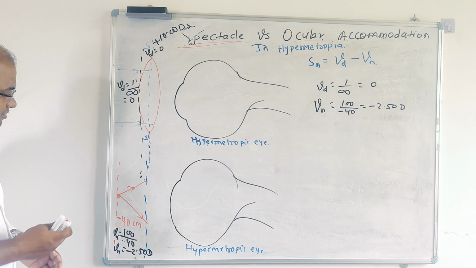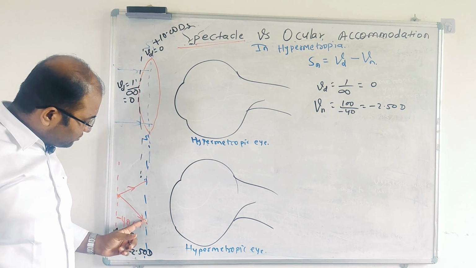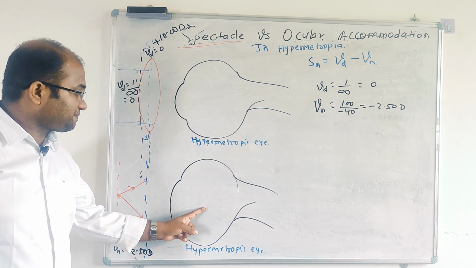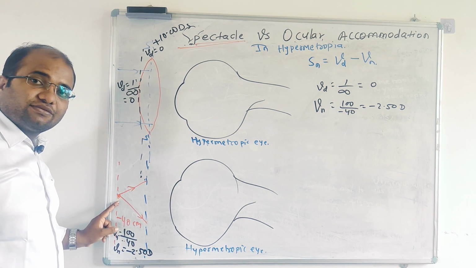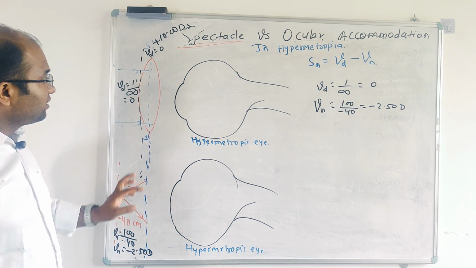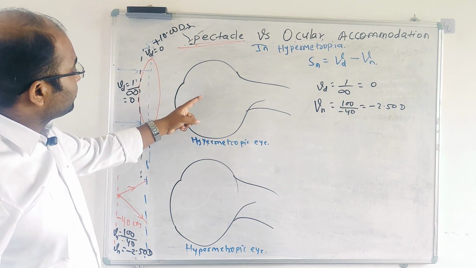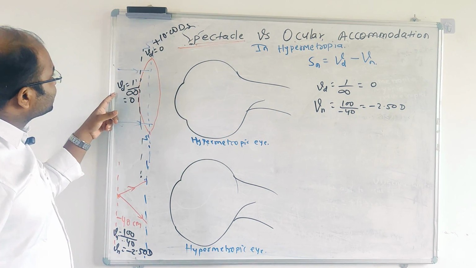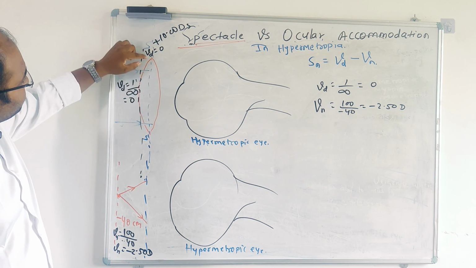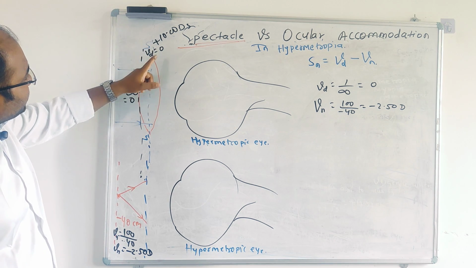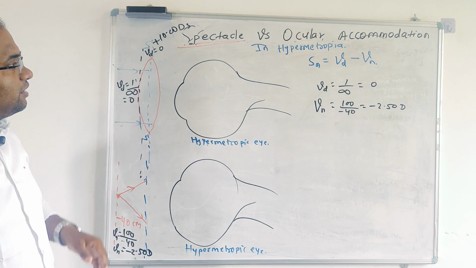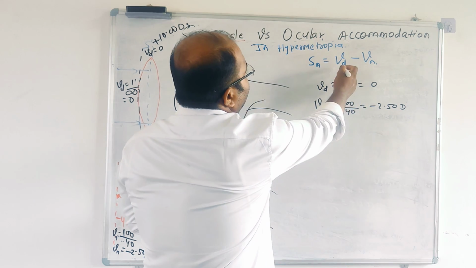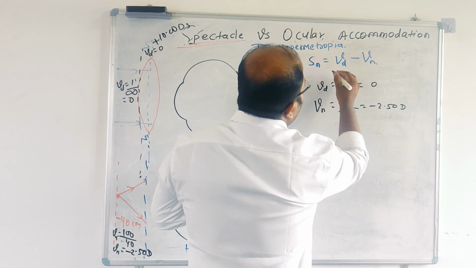So what did you understand from this? The vergence of light reaching the spectacle plane is minus 2.5 when the hypermetropic spectacle corrected eye is focused at 40 centimeter. Now see here, when the hypermetropic eye corrected with a spectacle is focused for distance, the vergence of light at the spectacle plane is 0. So if I want to find out the spectacle accommodation, we know our earlier formula Vd minus Vn.